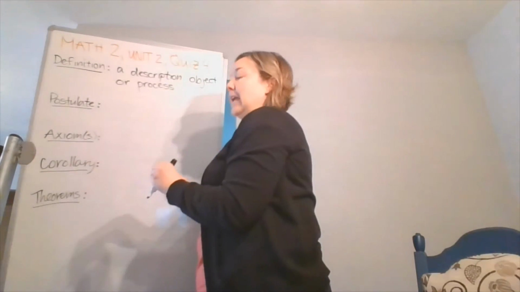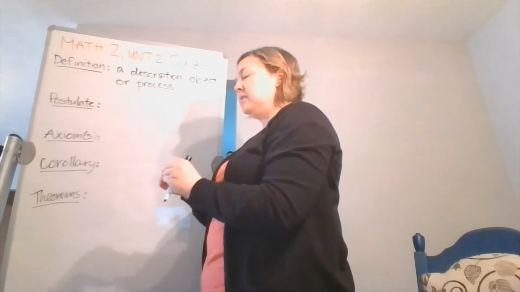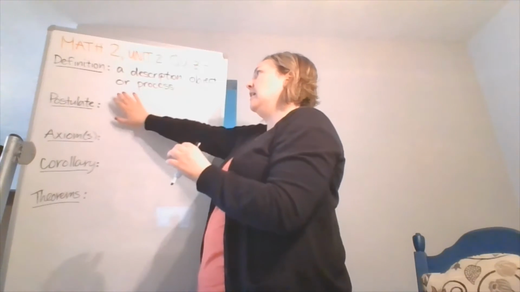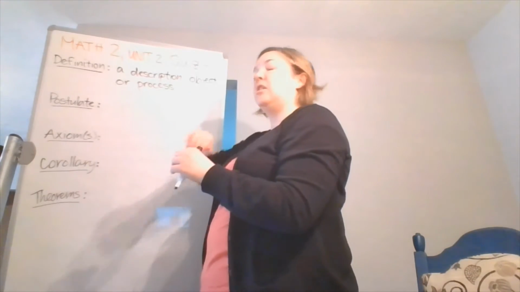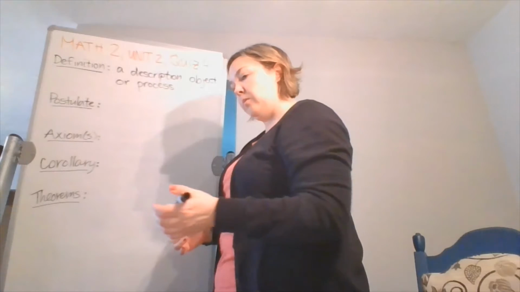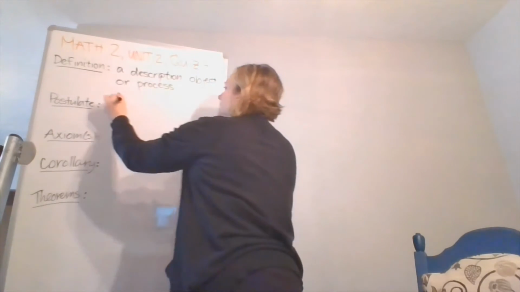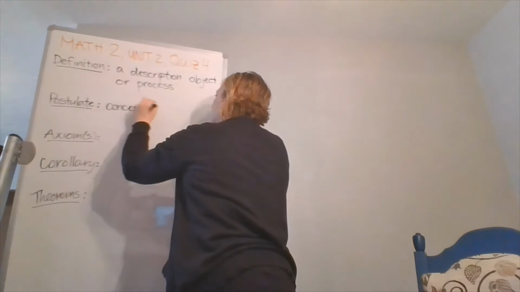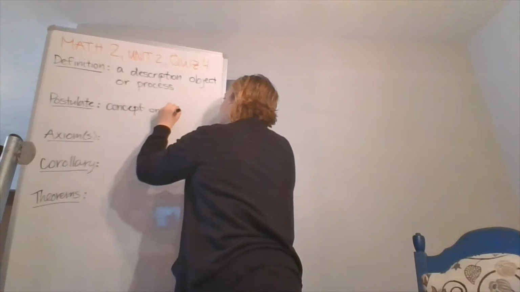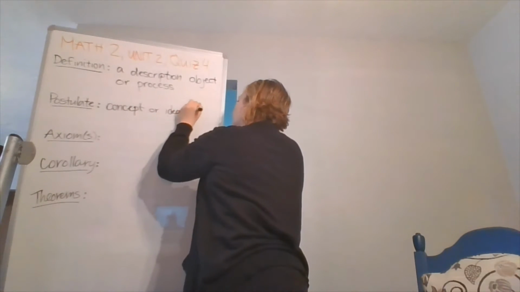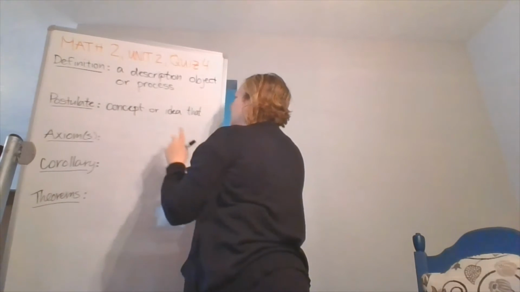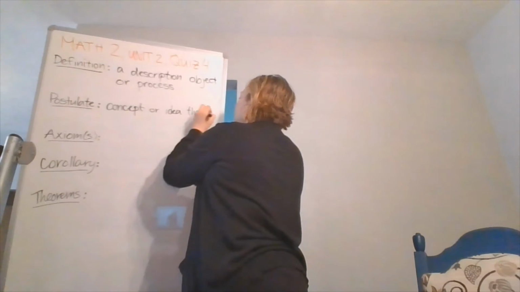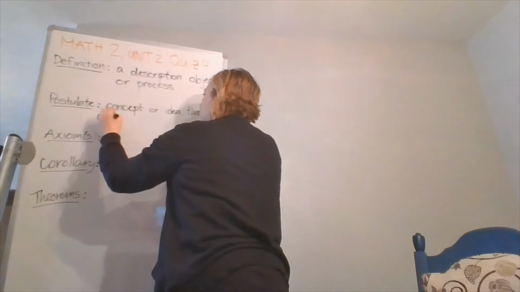So a postulate is kind of similar. It's not something that needs to be proved. It's something that's generally accepted as true. It's any sort of concept or idea that is accepted to be true.